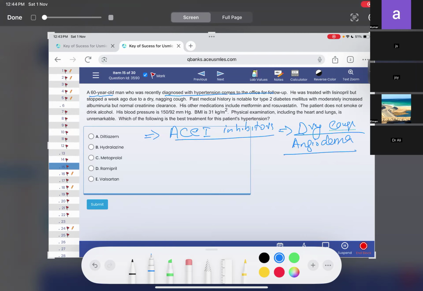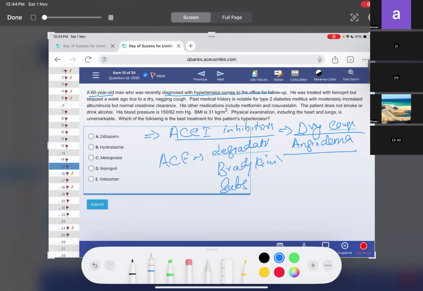These are the side effects that are usually caused by ACE inhibitors, because we know that ACE is the enzyme responsible for degradation of bradykinin. Excellent. And which other substance?